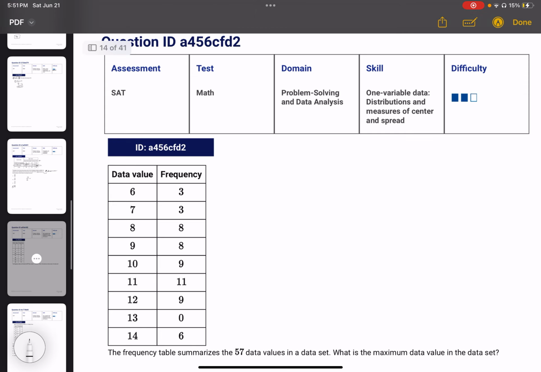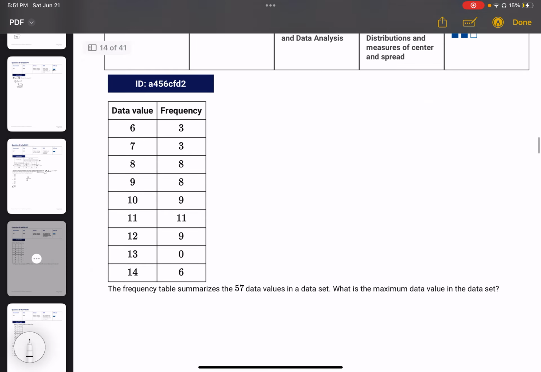Looking at our last problem quickly, we have a table of just values and frequencies, no real-world context behind it. The frequency table summarizes 57 data values in a data set. What is the maximum data value in the data set?